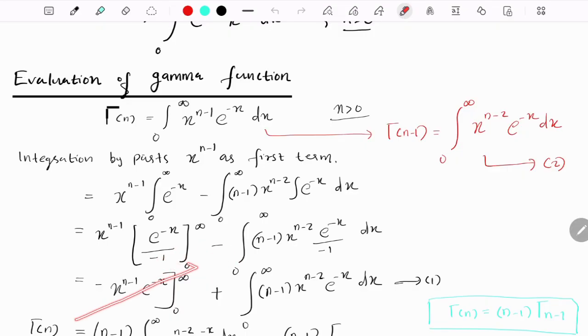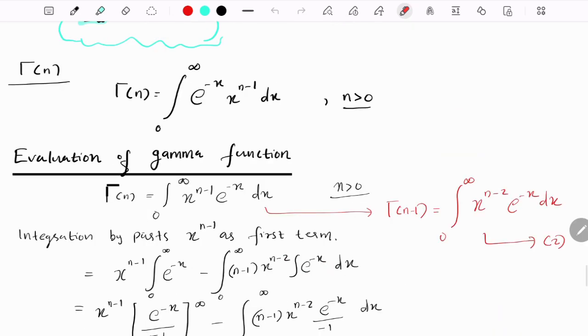So this term will become 0. Now the remaining part is integral 0 to infinity n minus 1 into x to the power n minus 2 into e to the power minus x dx.